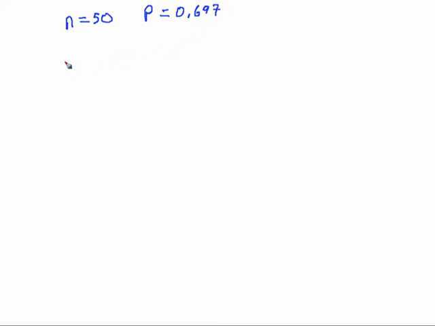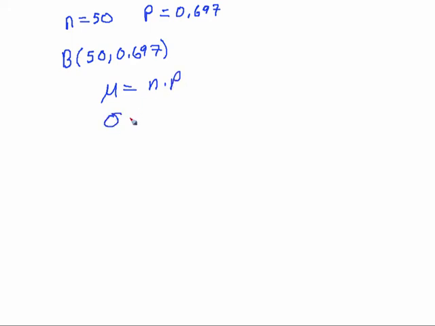A couple other things we need to know: if you're given a binomial random variable, in other words, ours is n by p, 50 by 0.697, then the mean or the expected value, that's a key word there. When you see "what would you expect," you should be thinking the mean. That's equal to n times p.